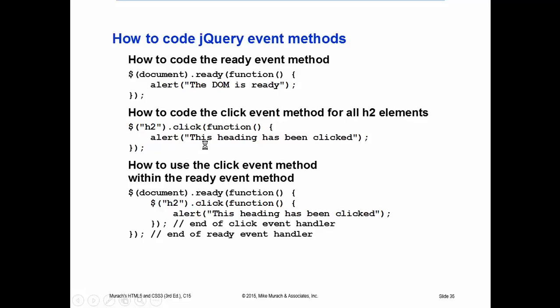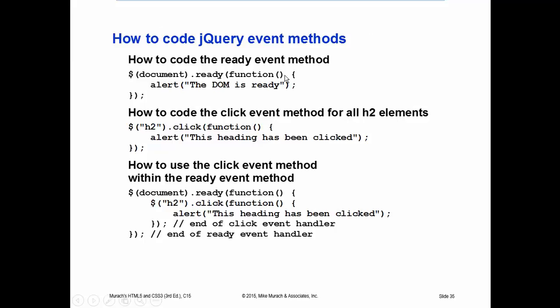All right. Quite often what you're going to end up doing is you're going to write a bunch of your code and put it in this document.ready function. Why? Because that function basically fires when the document is ready for you to act on it. So everything that has to be loaded is indeed loaded.